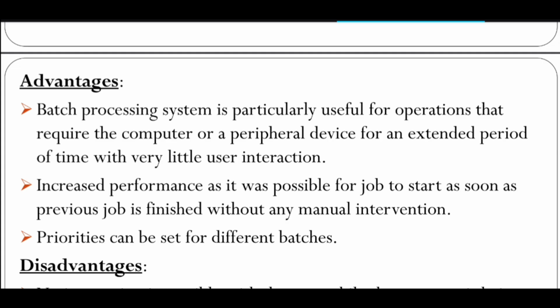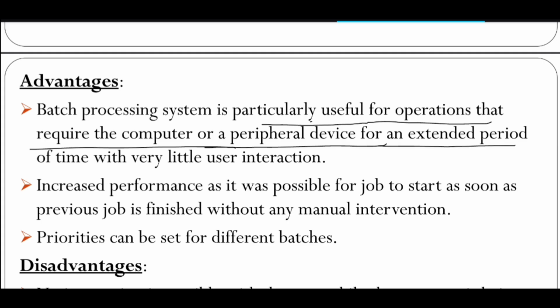Then advantages. What are the advantages? The advantage is that these are automatic. One operation is executed automatically after another. The batch processing system is particularly useful for operations that require the computer or a peripheral device for an extended period of time.